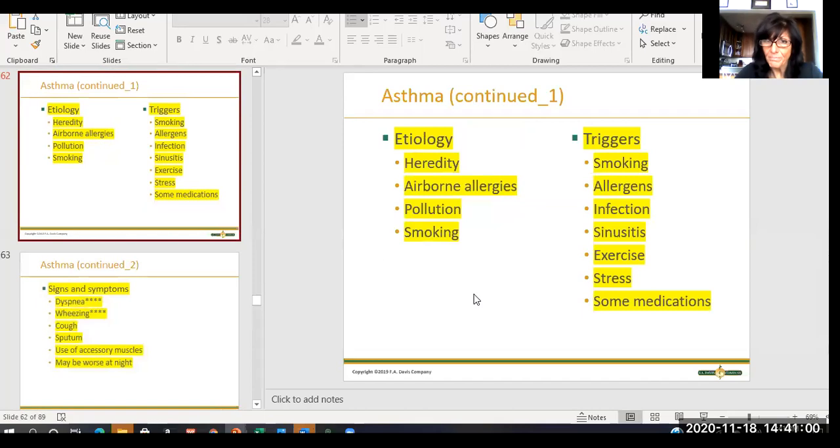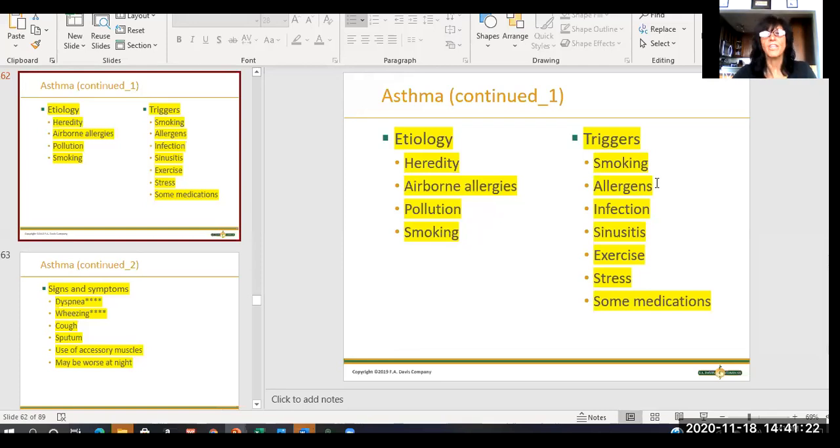We talk about asthma, the etiology. Well, hereditary, asthma runs in families. Airborne allergies can cause asthma, pollution, smoking. Those are reasons, etiologies. But then here on this side, we have triggers. So if you have asthma, smoking can be a trigger for an asthma attack.